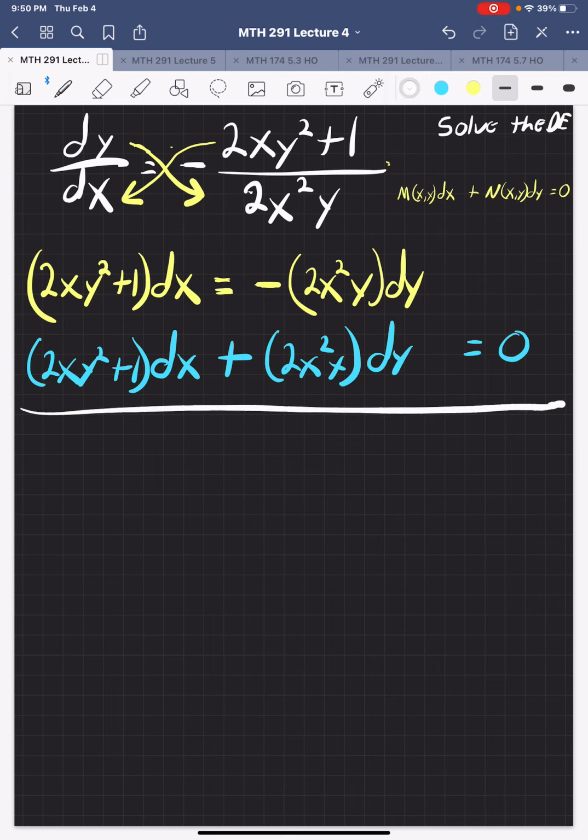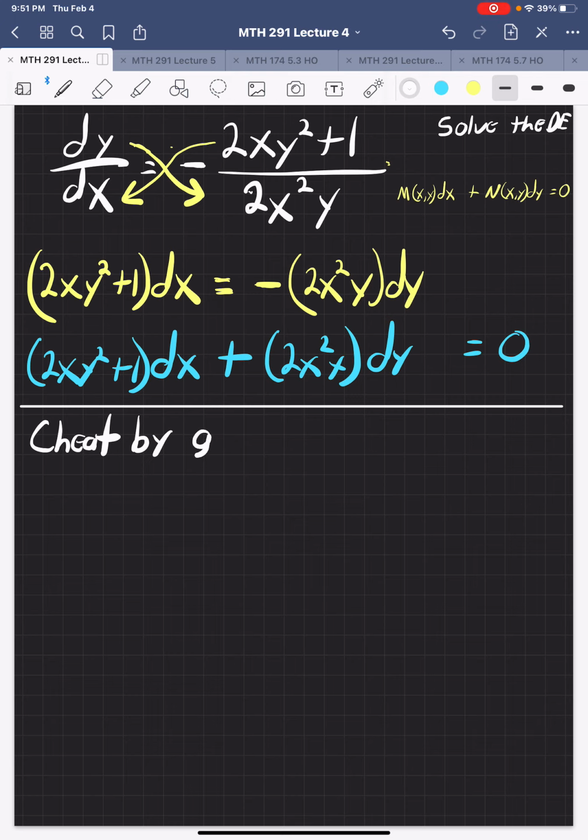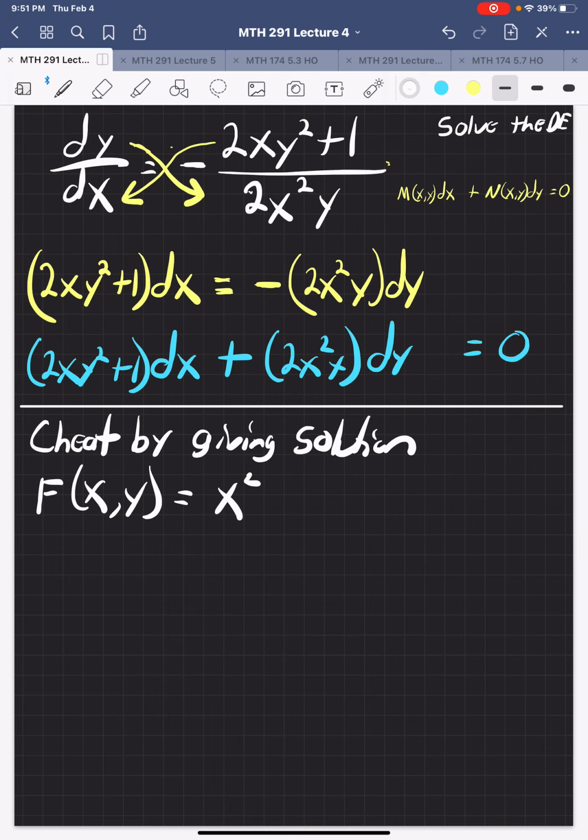But remember what I said. I'm going to cheat by giving you the solution. And here it is. The solution to that exact differential equation is the following: x squared y squared plus x.